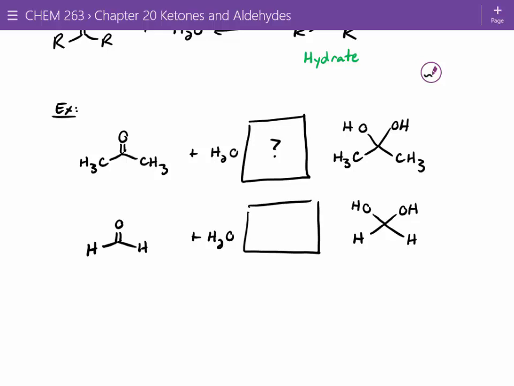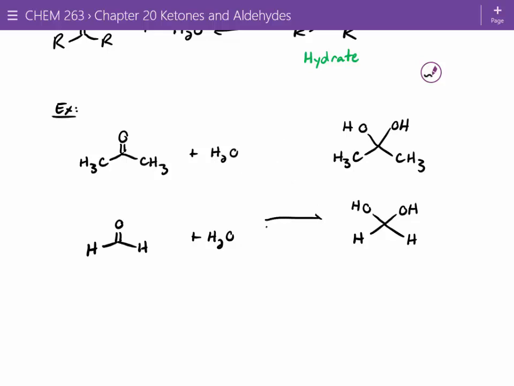So in this case, is the formaldehyde reaction going to favor the formation of the products, or is it going to like being where it's at starting with? It's going to want to form products. So we can compare the equilibrium constants for these, and we can clearly say that this one should greatly favor formation of our hydrate.